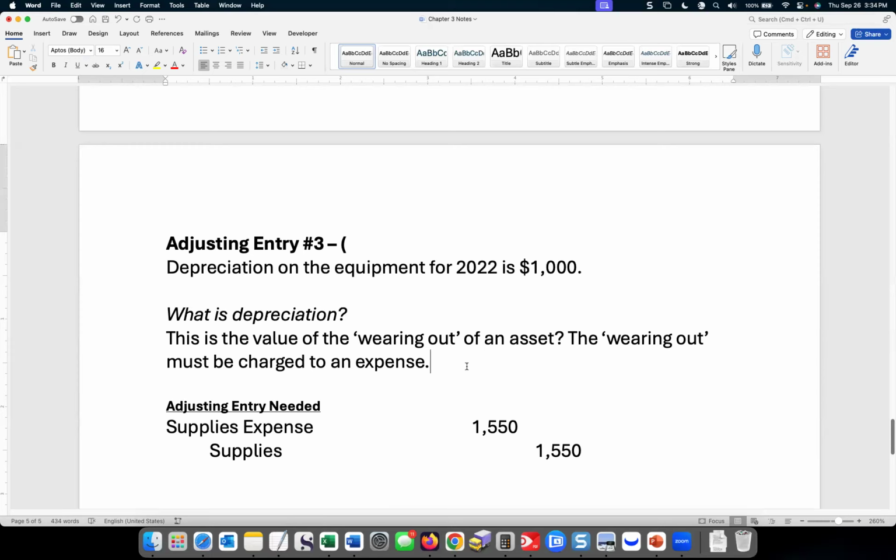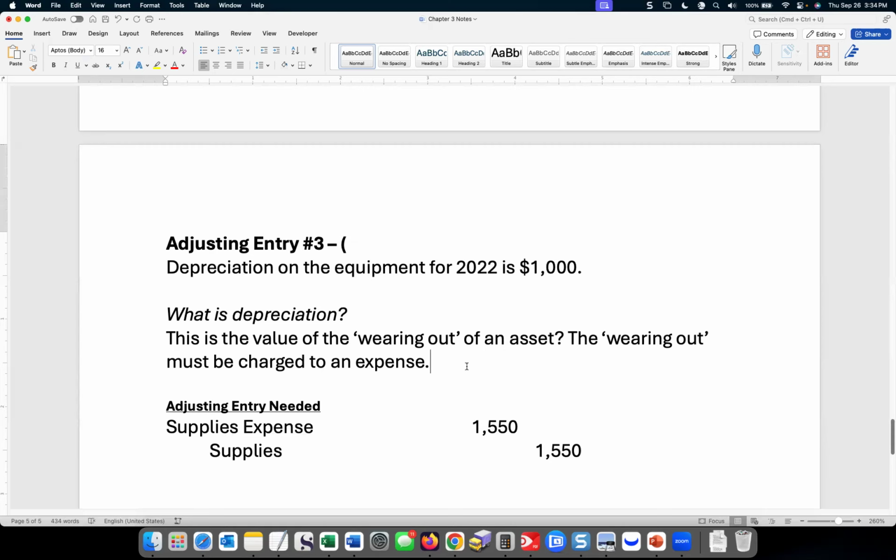And there's a lot of depreciable assets: vehicles, parking lots, driveways. These are all short-lived assets. They have limited service lives, and at some point they have to be replaced.